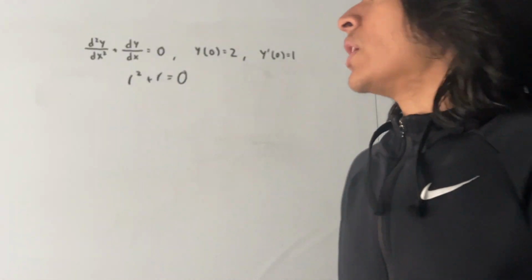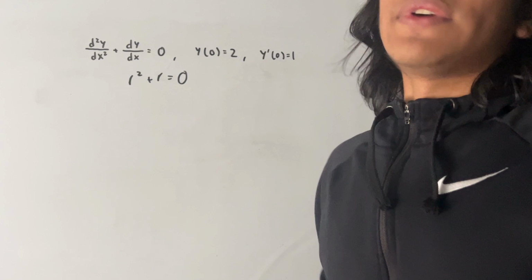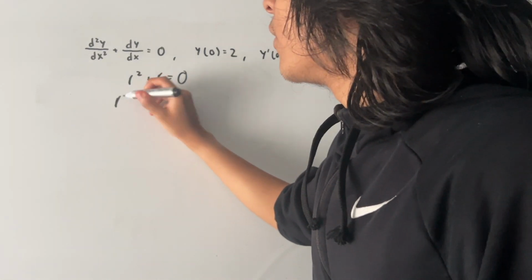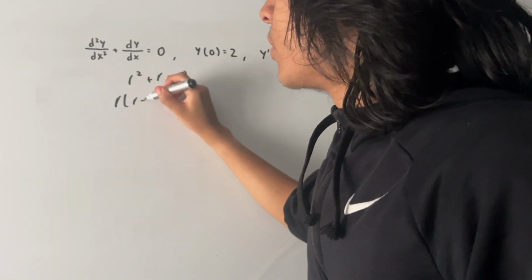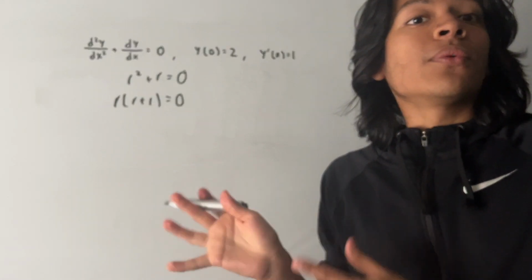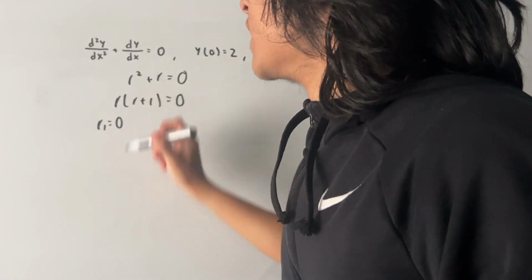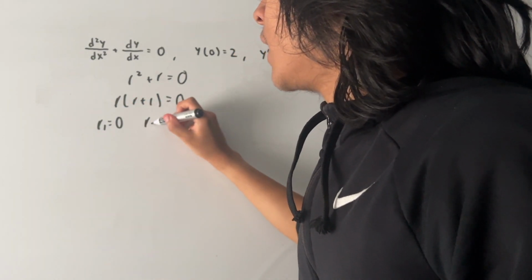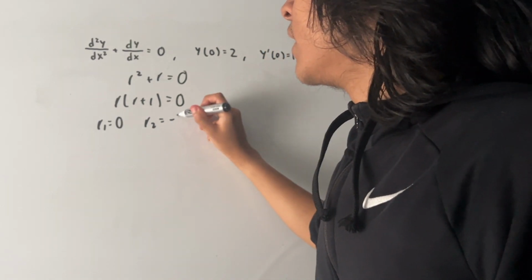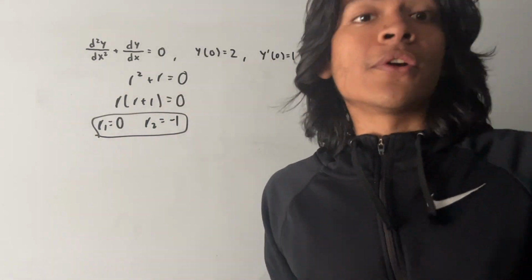We can just factor it out. We don't need to use the quadratic equation for this. We just factor out an r. So r times r plus 1 is equal to 0. So right there, we already have both of our values for r. So r1 can be 0, and r2 can be negative 1.